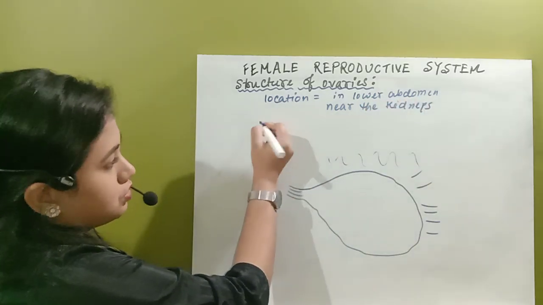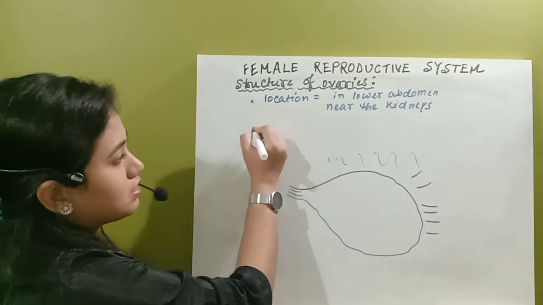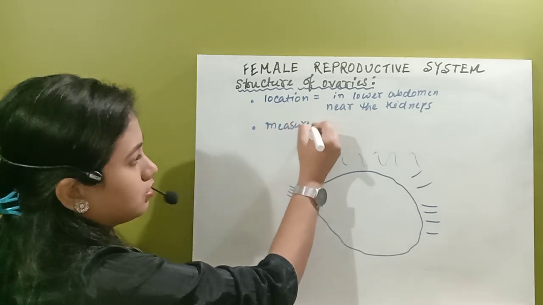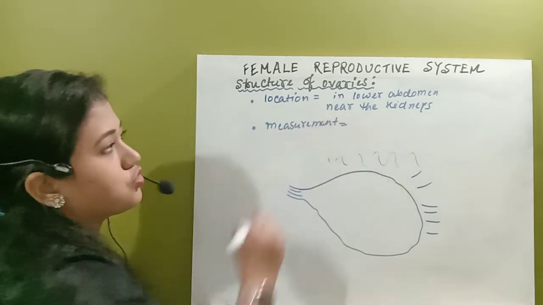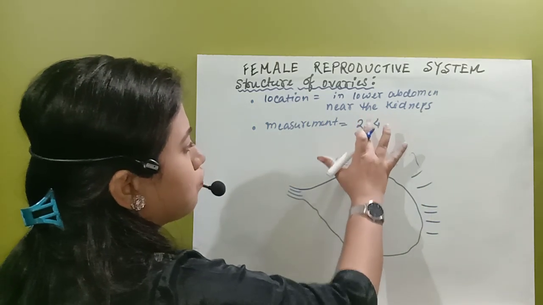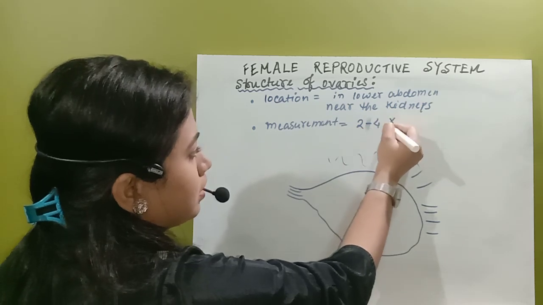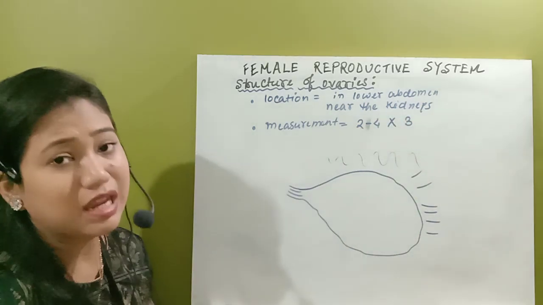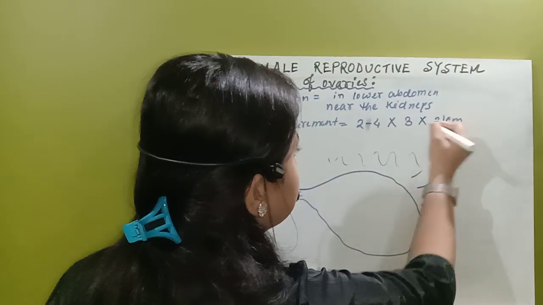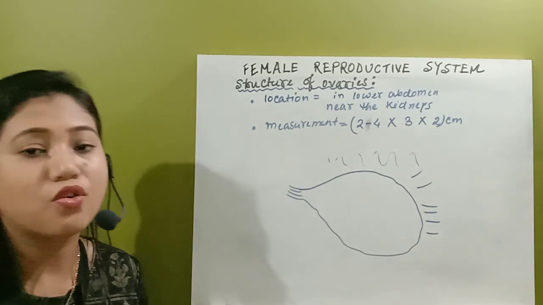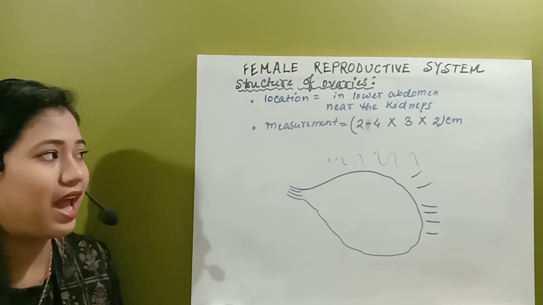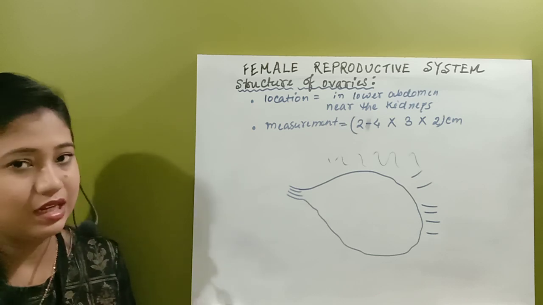Now the next part is the measurement. It is around 2 to 4 centimeters in length, then around 3 centimeters in breadth, and around 2 centimeters in thickness. So it is around 2 to 4 centimeters in length, 3 centimeters in breadth, and around 2 centimeters in thickness.